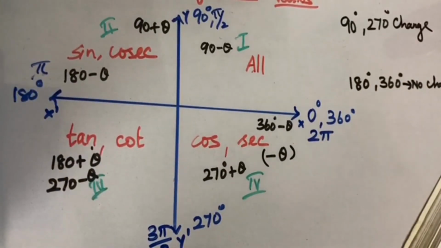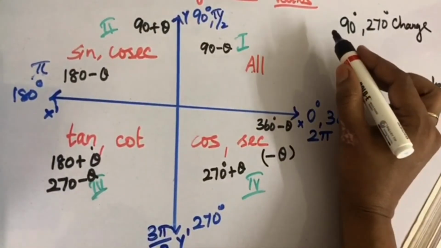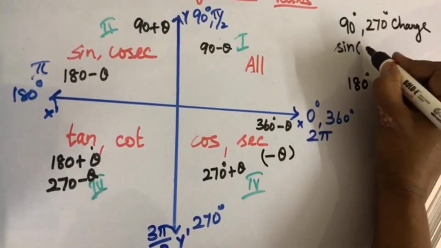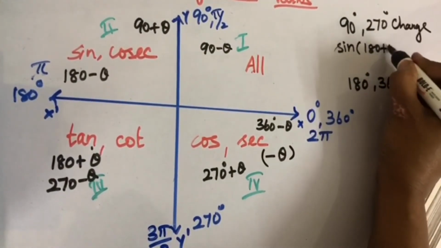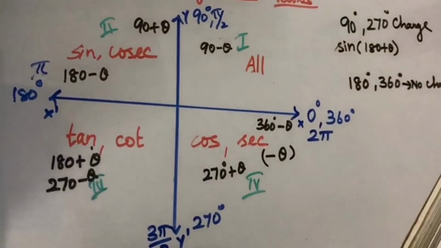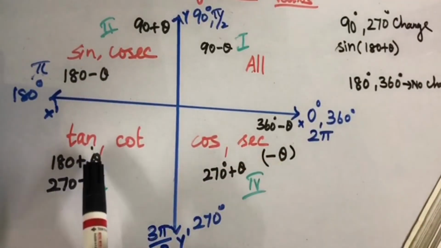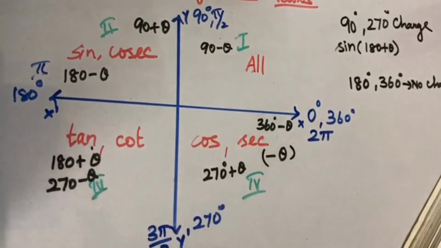For example, we are going to measure sine 180 plus theta. It lies here, in the third quadrant.